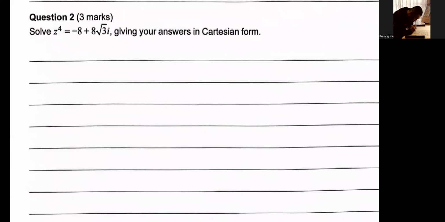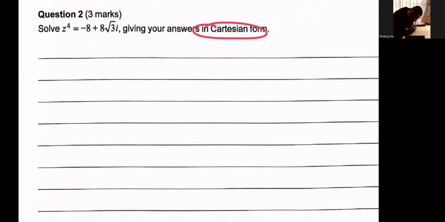Solve z to the power 4 equals minus 8 plus 8 root 3 i. Answer in Cartesian form. Where is this complex number? Minus 8, 8 root 3. So we get a triangle like this, and this is the location of the complex number.